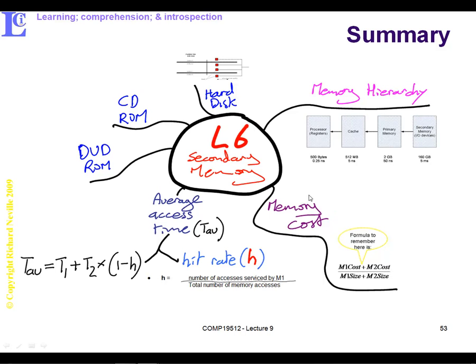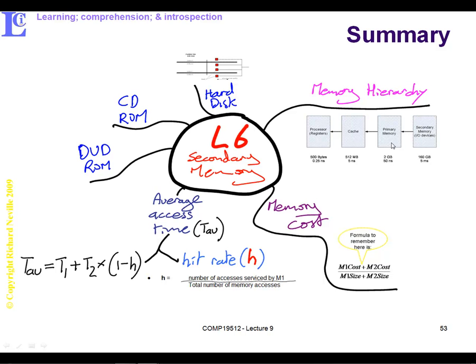Then we started looking at the cost of comparing and balancing these memories for a 2-tier memory, M1 and M2, with the cost of M1 and the cost of M2. We divided by the size, and then we could work out the average cost of a 2-tier hierarchy. Then we said, if the processor accesses the primary memory and only sometimes the secondary memory, and it accesses the primary and hits the data, that's good, so we call that the hit rate.